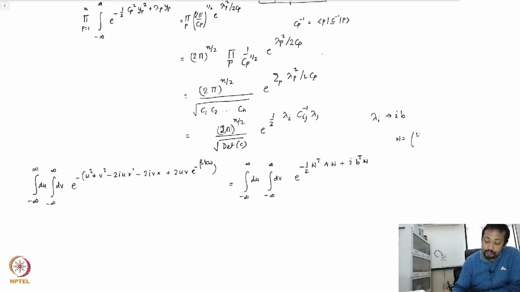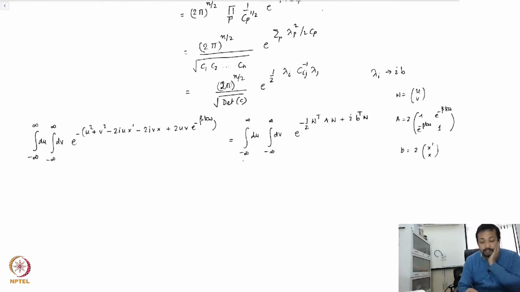W was u v, a was twice 1, e to the power minus beta h bar omega, e to the power minus beta h bar omega, 1, and b was 2 x prime and x. The answer follows from this.